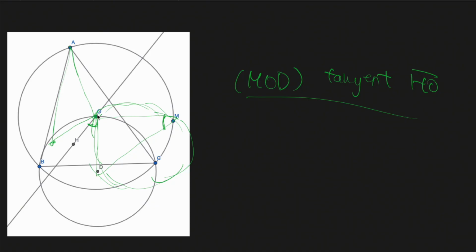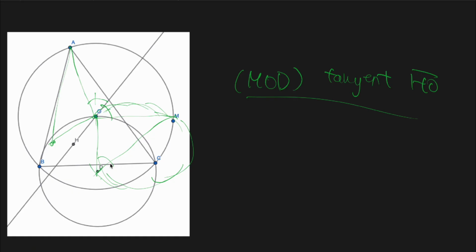We should probably try the other angle in this case, as it will turn out the other angle is a bit nicer to prove. We want to prove that this angle is equal to this angle. We know that this angle is also equal to this angle since they're reflections of each other.